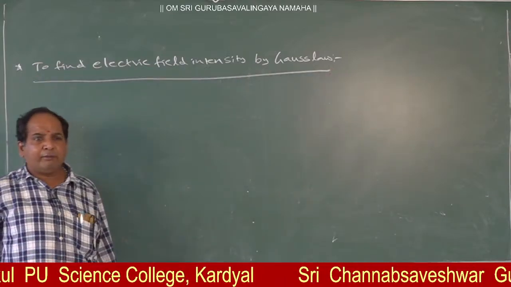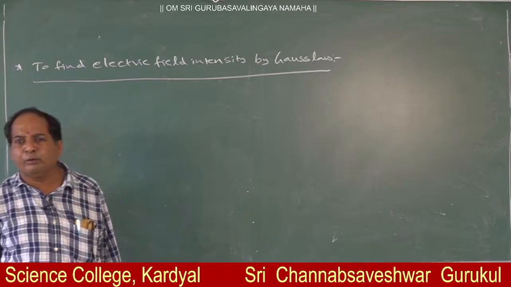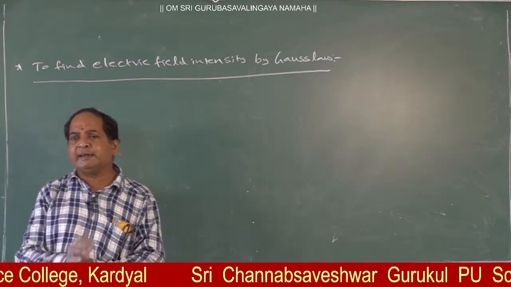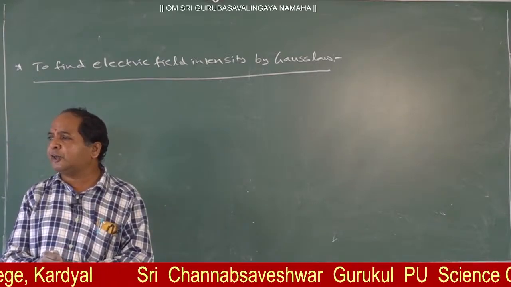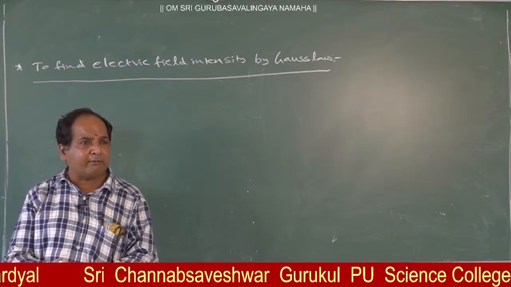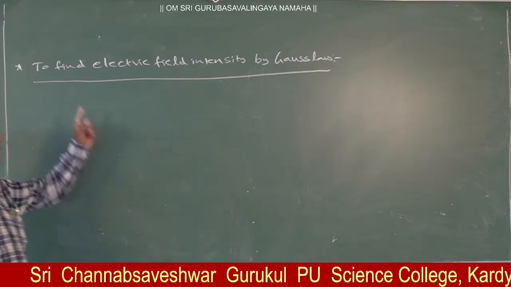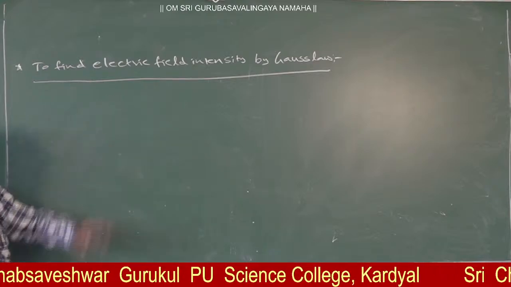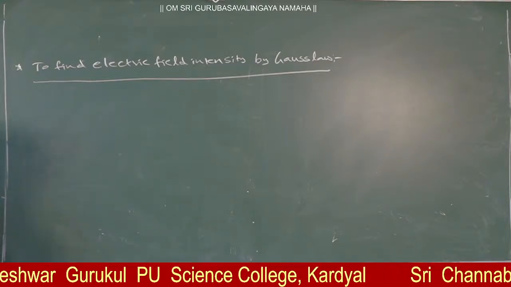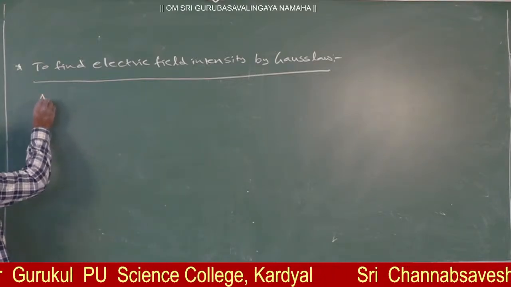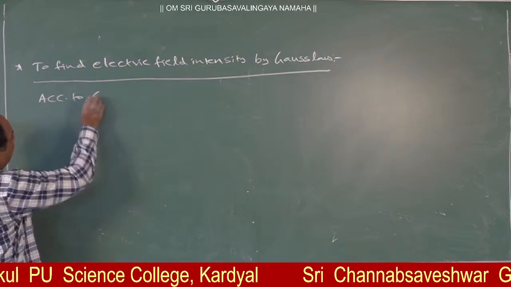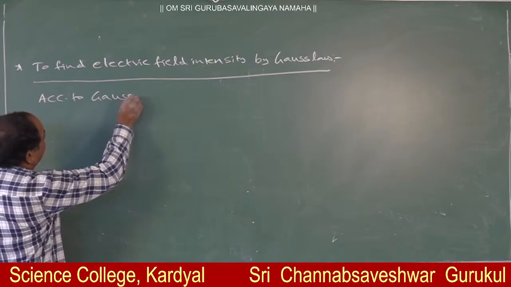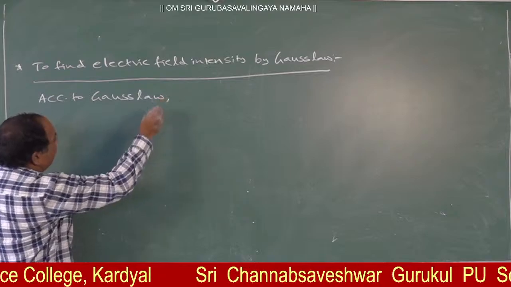First we calculate Coulomb's force. That force is divided by the charge, and automatically you get the electric field. This is another way to find the electric field intensity, by Gauss law. Here already we know, according to Gauss law, what is the flux?